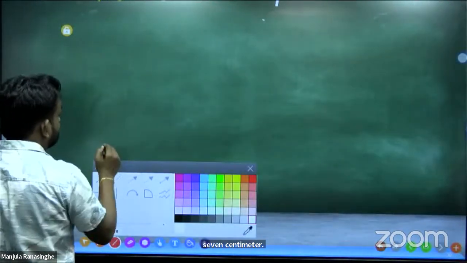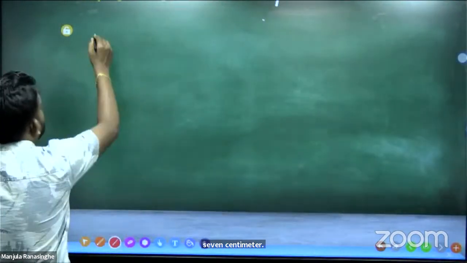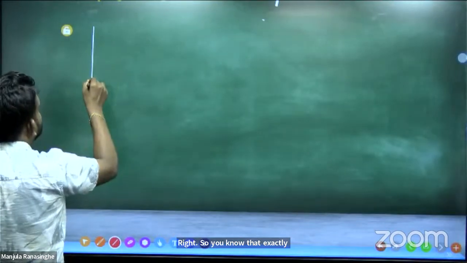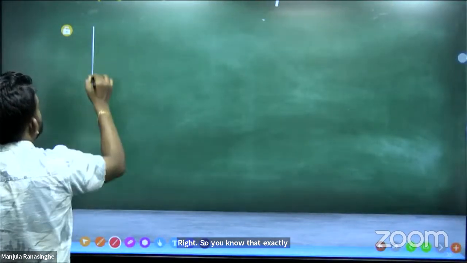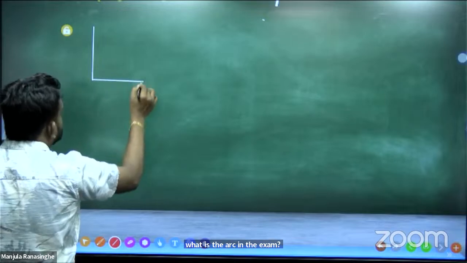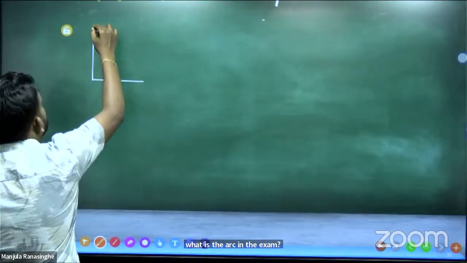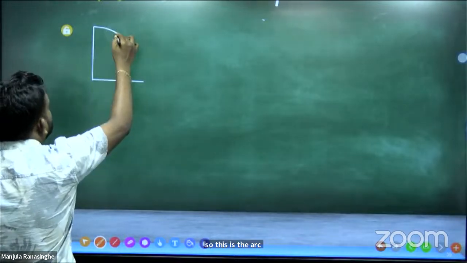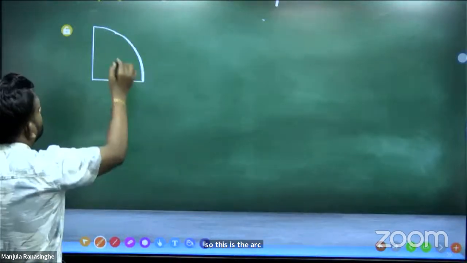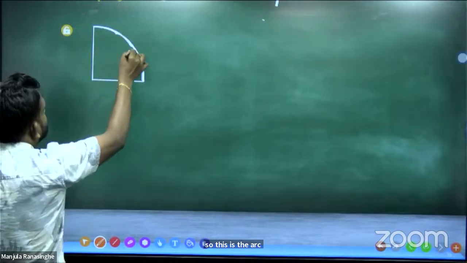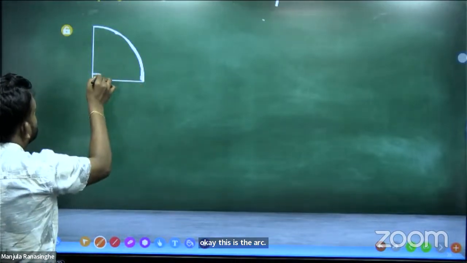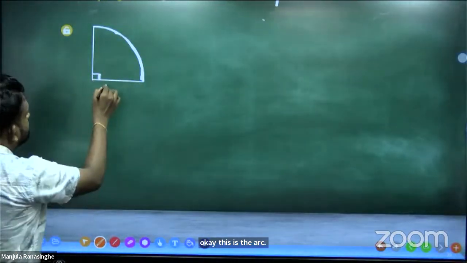You know exactly what the arc is in the exam. So this is the arc. You can see that it is 90 degrees and 7 centimeters.